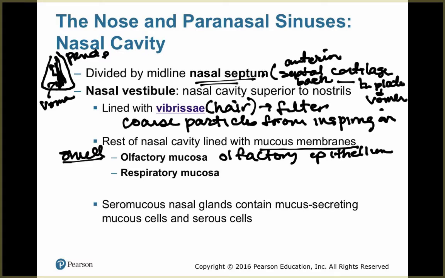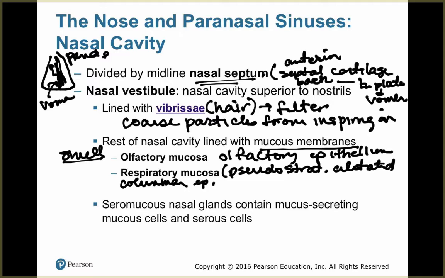And then you have the respiratory mucosa, and this is where, if you remember when you were talking about tissues last semester, you get the pseudostratified ciliated columnar epithelium. And so this is going to contain those good old goblet cells. And what do goblet cells help make?